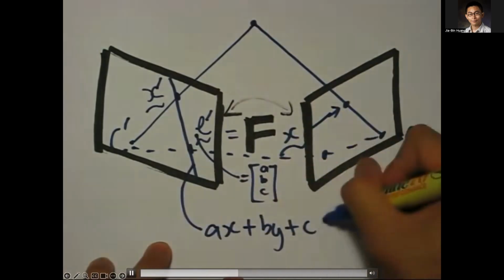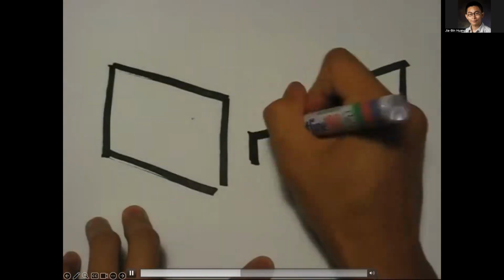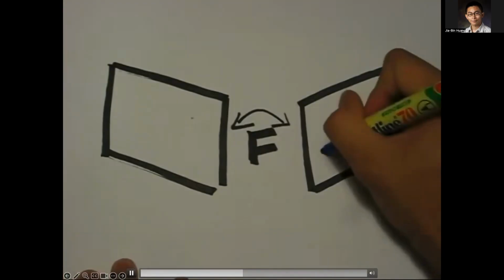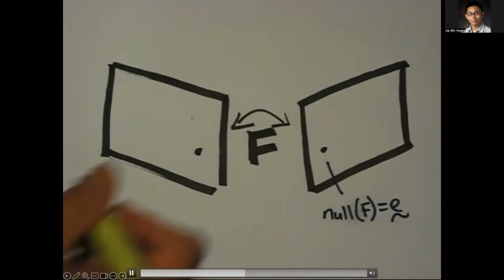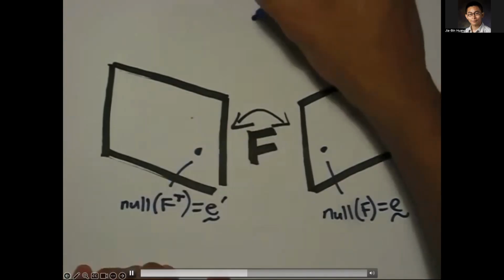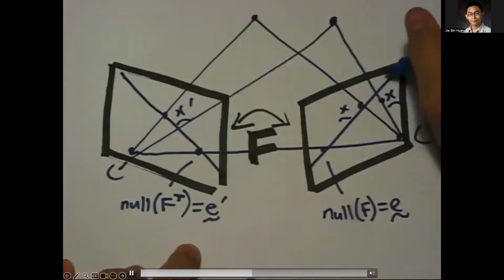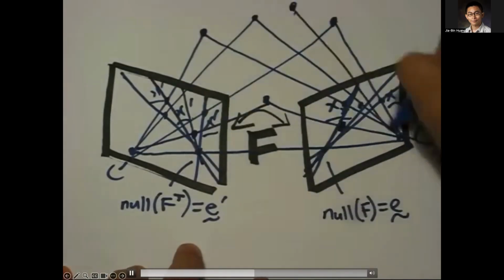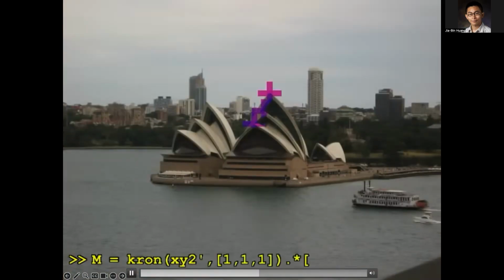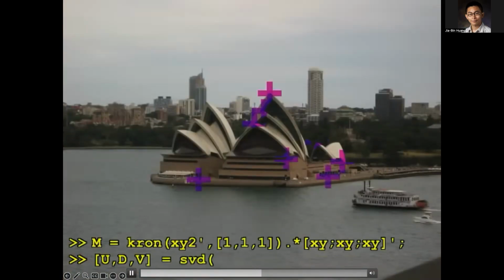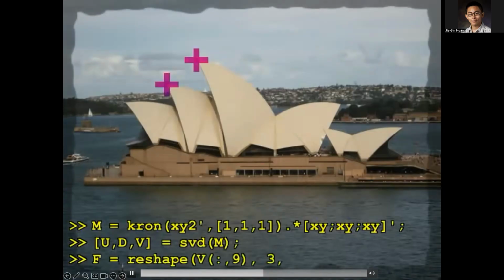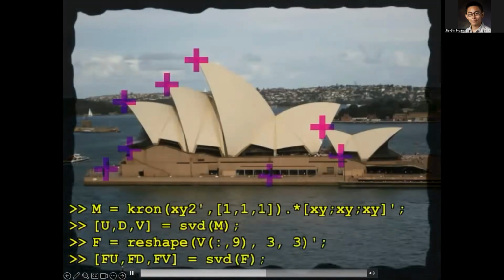Oh, homogeneous design, the left and right null spaces of F are the epipoles E prime and E. All of the epipolar lines would pass through these. Here's a linear estimation example. Take the set of 8.7, construct the matrix, take the SVD and the element of F in the last column of V.